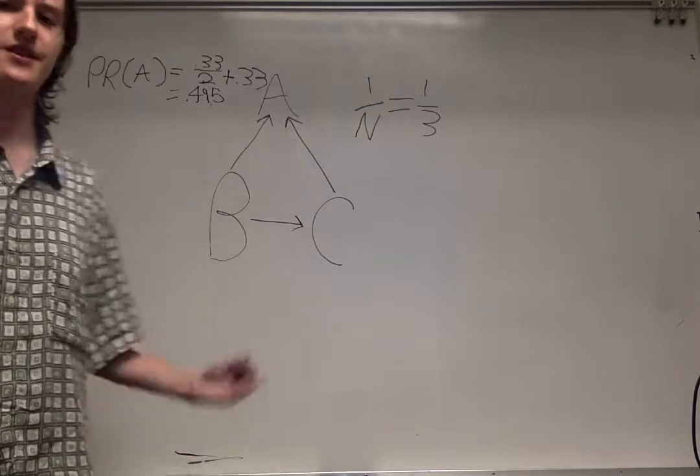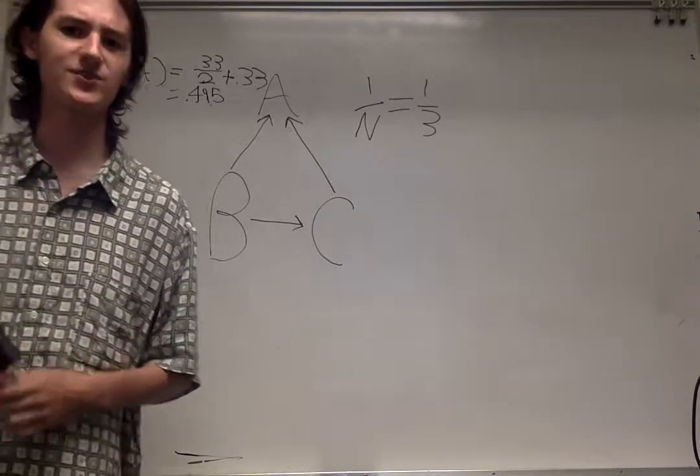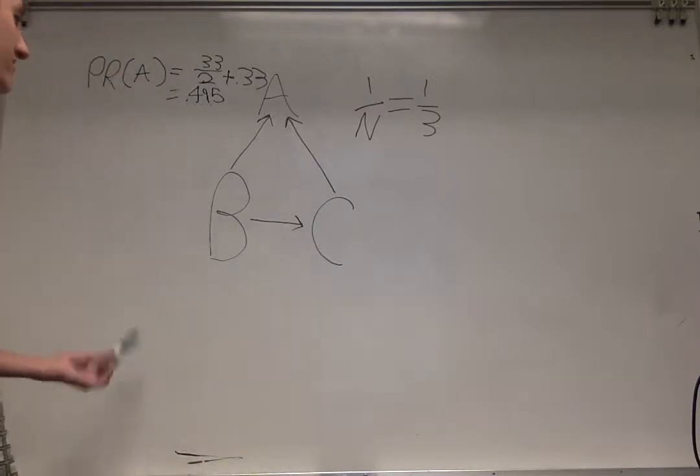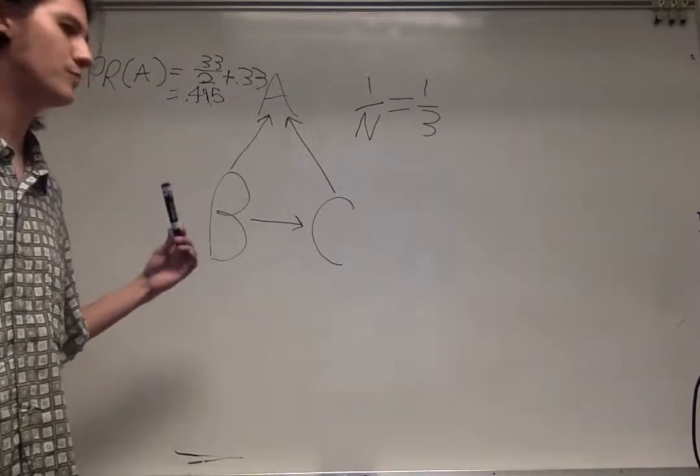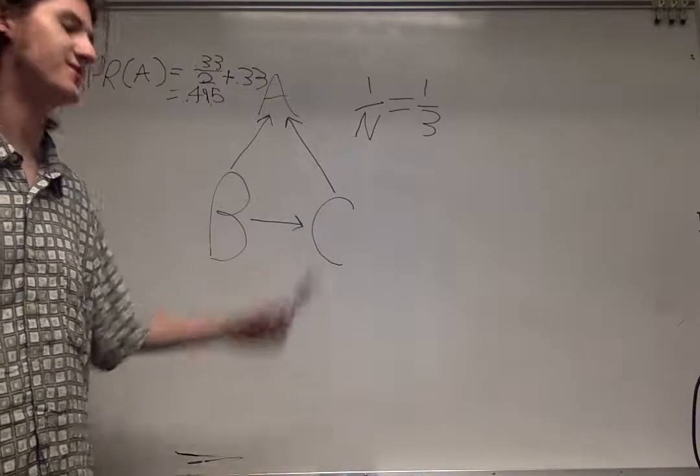So we can see that A's rank has gone down a little bit. Instead of a score of 0.66, we now have a score of 0.495 because B isn't giving over its full share. It's giving some of that weight to C.